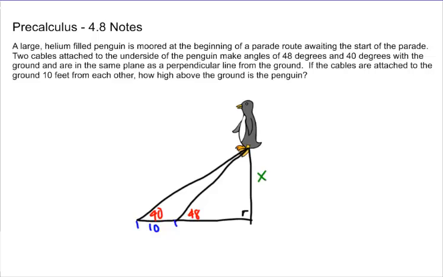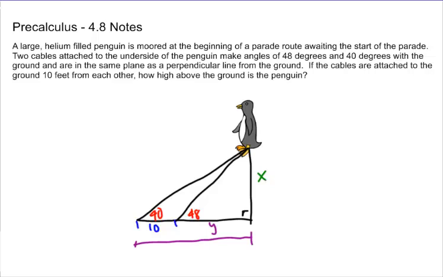And how are we going to do this? Well, we've got to figure out a way to relate all this information back to each other. So what I would do first is figure out what this distance right here is, and see how it relates to my height. Because if I can find the whole length of this whole side of this triangle, I can use my tangent. So what are you going to do here?